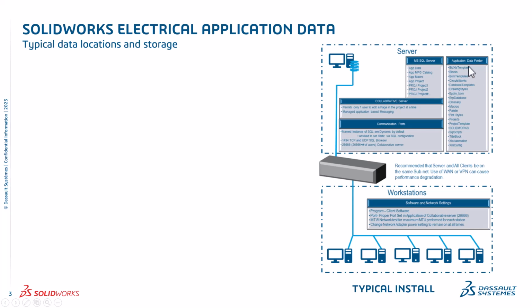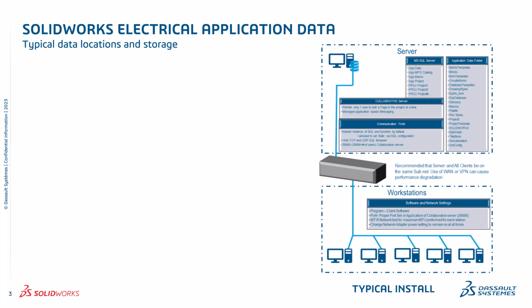Then we've got an application data folder, which contains all of the library information outside of the SQL database, right? So all of your report configurations, your drawing templates, your title blocks, your symbols, all that type of stuff, even the project folders and archives right there. Another aspect that's installed on the server is the collaborative server.